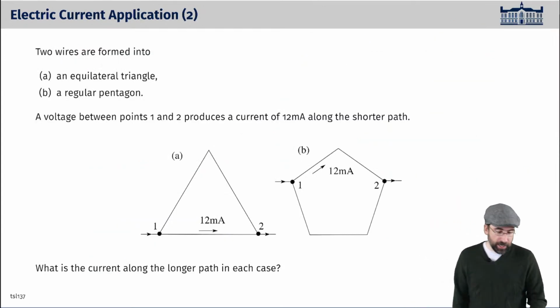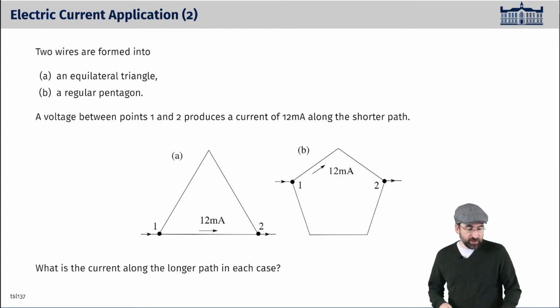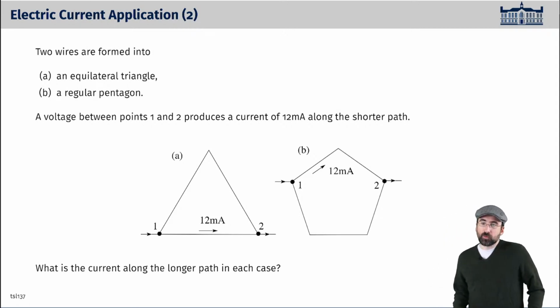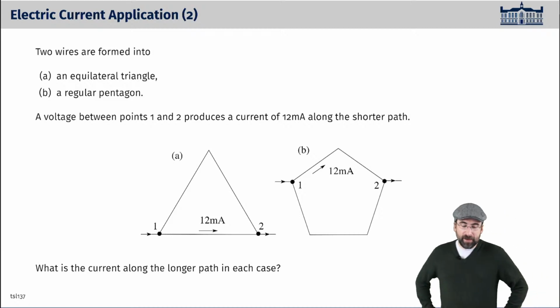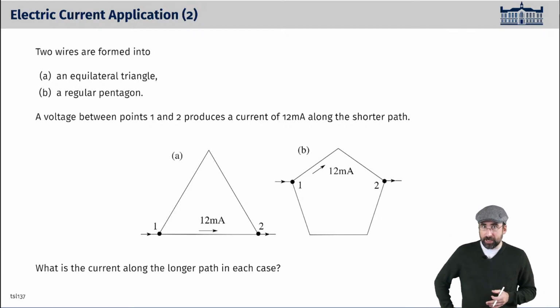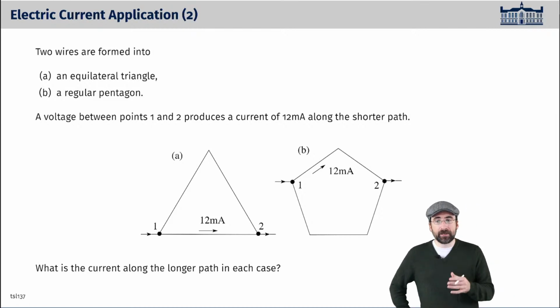To that end, I will leave you with the lecture quiz for the day. We have 2 sets of wires that are formed into different shapes, and we want to know the current along the longer path in each one of these cases. So this is going to be using resistivity and the relative lengths of each of these wires.